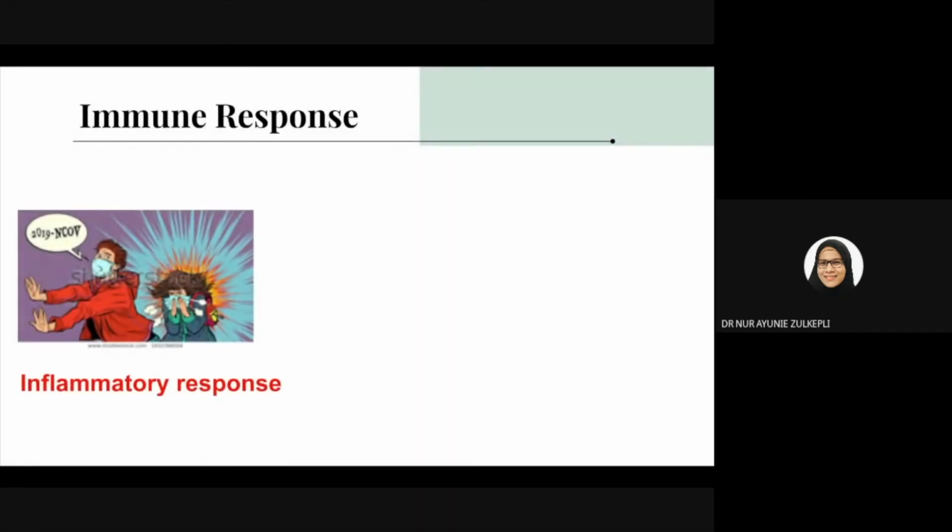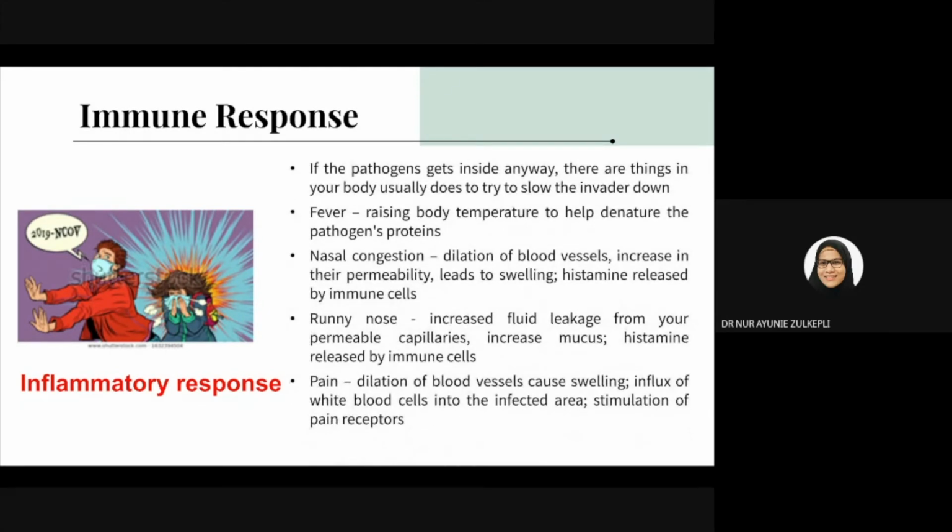Okay, now move to the immune response. So what happens to your body when the immune response is activated or there are some changes? If pathogens get inside our body, there are things that our body usually does to adapt or to slow down the invader.